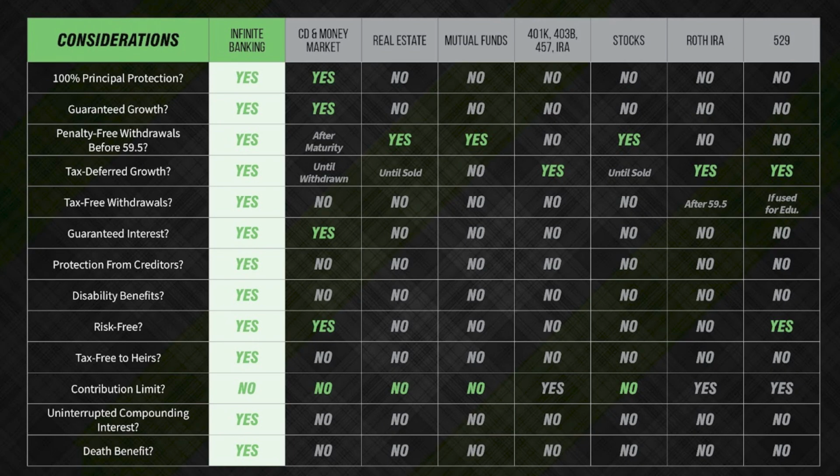Is it tax deferred growth, tax-free withdrawals, guaranteed interest, protection from creditors, disability benefits? Is it risk-free? Is it tax-free to heirs? Are there contribution limits? Is there uninterrupted compounding interest? Is there a death benefit?